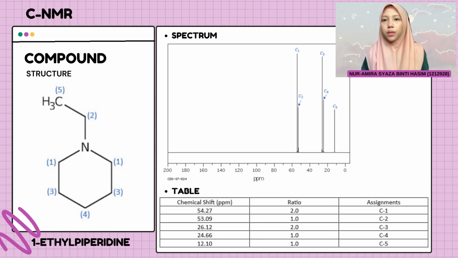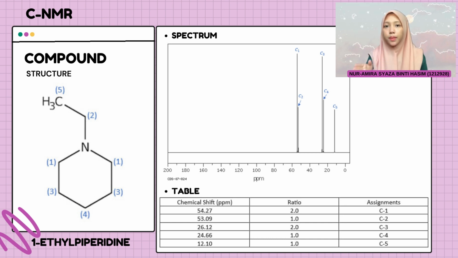To determine which carbons are assigned to every chemical shift value, we must look at the atom which is attached to them. For example, carbon 1 and carbon 2 are both attached to nitrogen, so we can see the chemical shift is between 10 until 65 ppm. Carbon 1 is adjacent to the secondary carbon and carbon 2 is adjacent to the primary carbon.